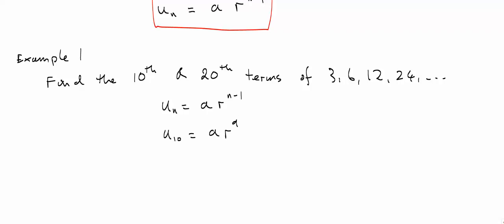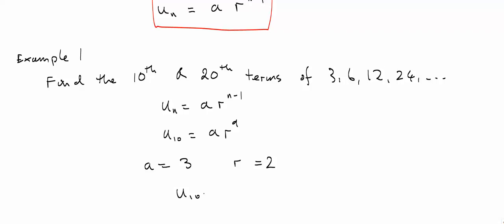So ar to the 9. So we need to know a and r. Well, a is the first term, a is 3, and the common ratio r, well, you take any two terms and divide one by the previous. So we could say 12 divided by 6 is 2, or 24 divided by 12 is 2, 6 divided by 3 is 2.